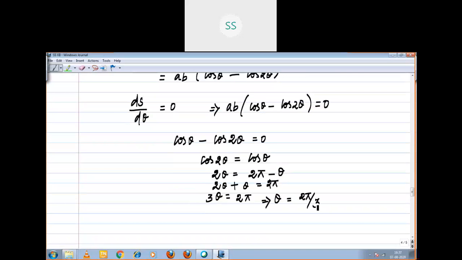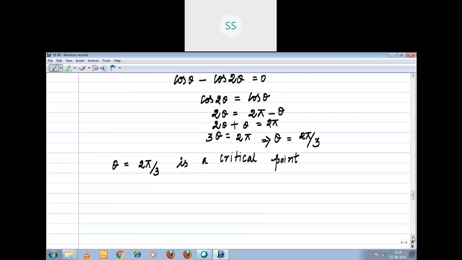At theta equal to 2 pi by 3, we want to show that the area is maximum. That means it is a critical point, and a critical point you are going to substitute in the second order derivative.